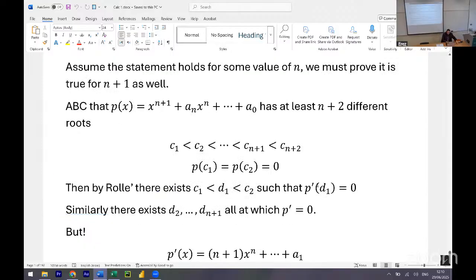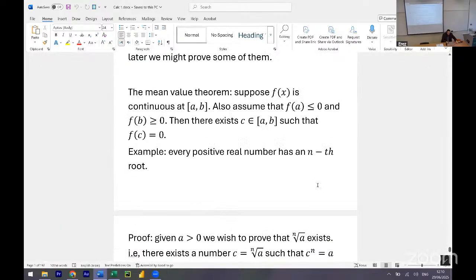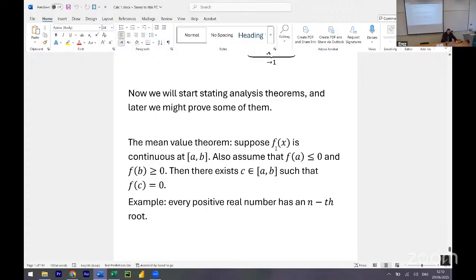I'll show it to you. Yes, if f of a is below 0 and f of b is above 0, then between a and b there is a point whose y value is exactly 0, given that the function is continuous. Otherwise, it could jump over the axis. So that's the mean value theorem.